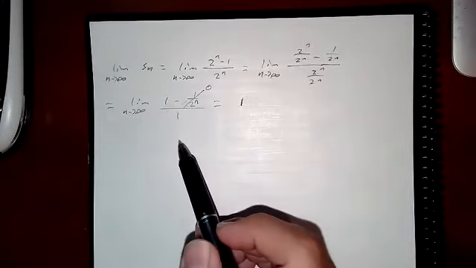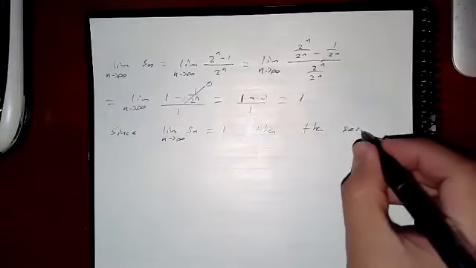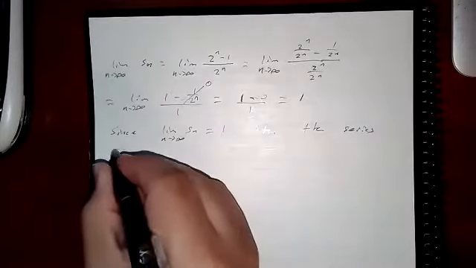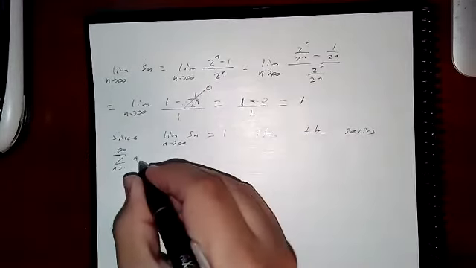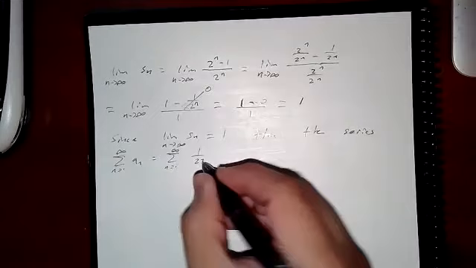So now you use the definition. Since the limit of the partial sums is equal to 1, then the series of a sub n, which was originally 1 over 2^n, right?